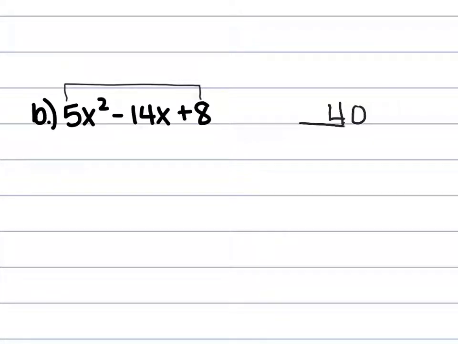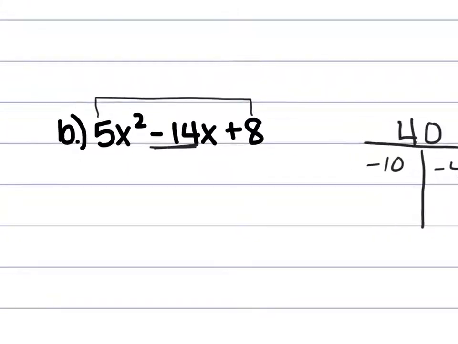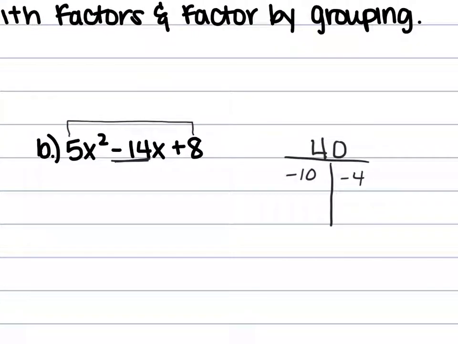So I'm looking for two numbers that multiply to make 40 that add to give me negative 14. Negative 10 and what? And negative 4. So negative 10 times negative 4 is 40, and negative 10 plus negative 4 is negative 14. So here's the part people forget.